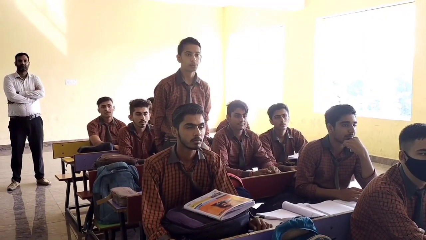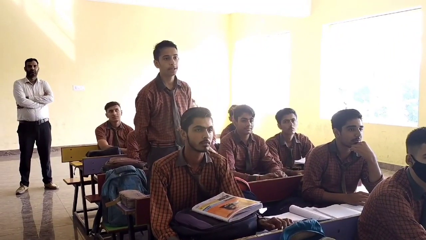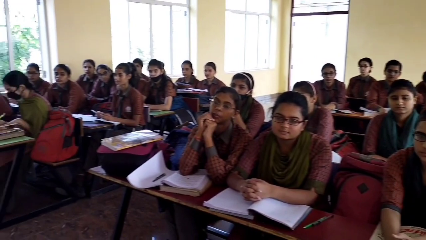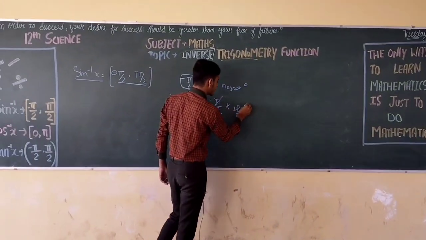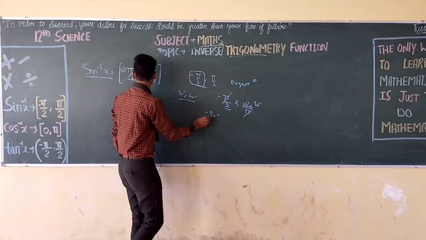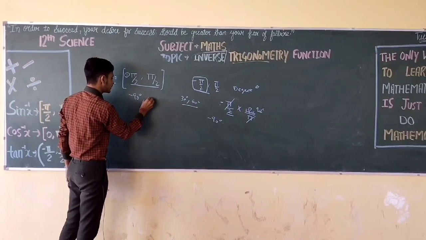And when we convert degree to radian, what do we have to do? Multiply by pi by 180. So please sit down. As Vivek told us, pi cancels pi and 2 cancels into 180 to give 90 degree. So what have we got? Minus 90 degree. The range of sine inverse x is minus 90 degree to 90 degree.